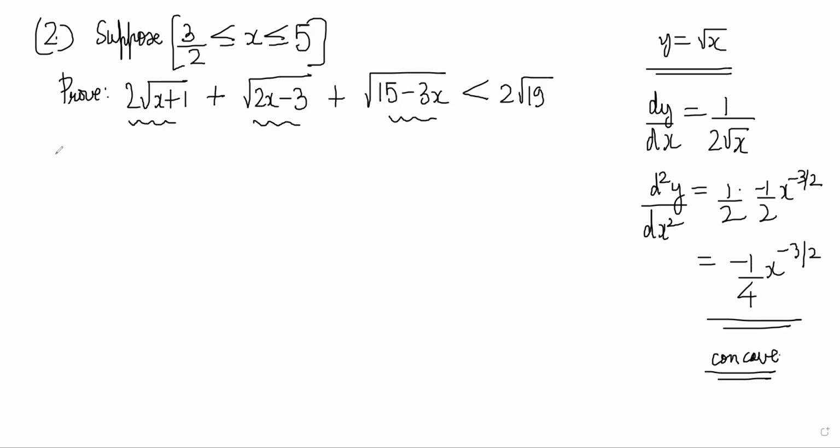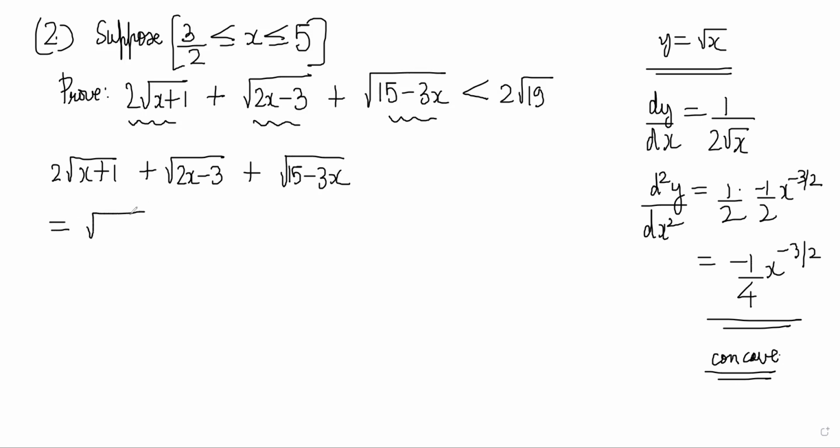So first of all, let's think about 2 times root over x plus 1 plus root over 2x minus 3 plus root over 15 minus 3x. And we can write this as root over x plus 1 plus root over x plus 1 plus root over 2x minus 3 plus root over 15 minus 3x.